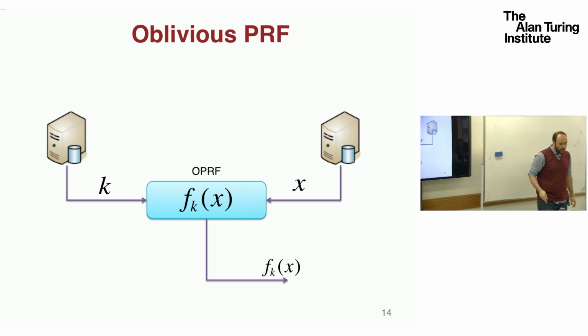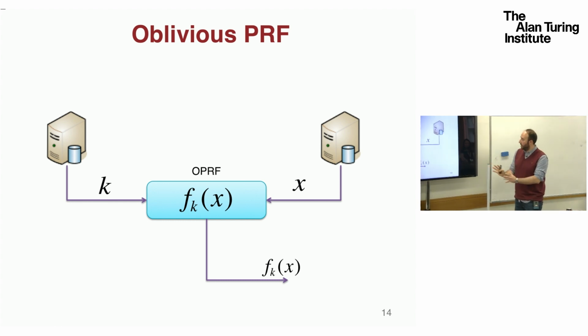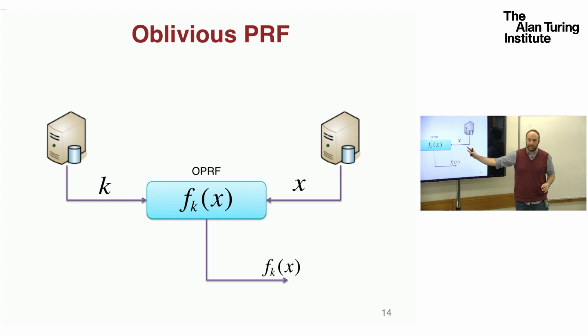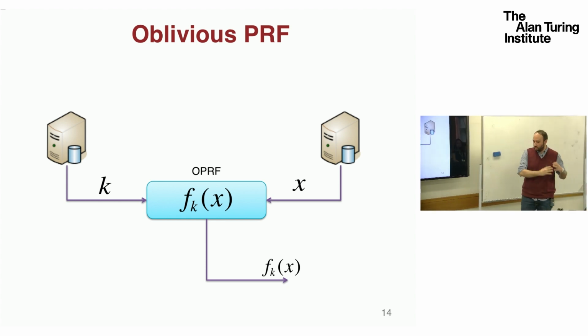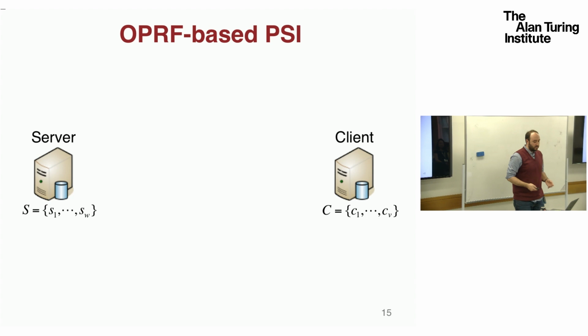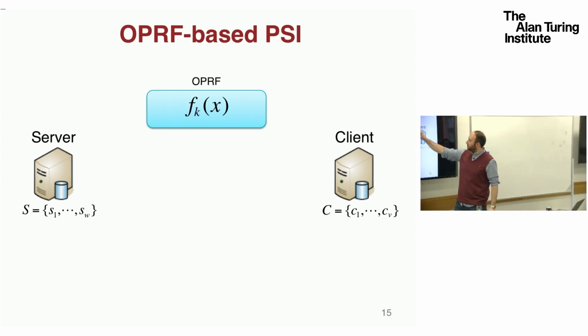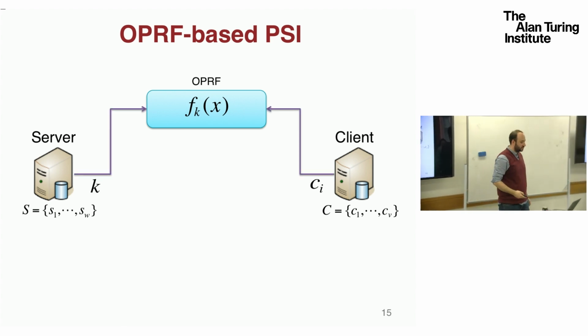Okay. Now, suppose I have a protocol that implements this. I can use it black box, as a magic box, to build PSI, private set intersection. Okay. So how do I do that? I'm going to put this function here, and plug it in to build a set intersection protocol.